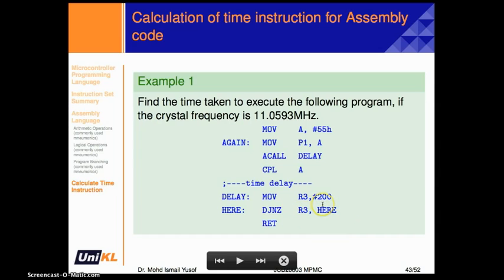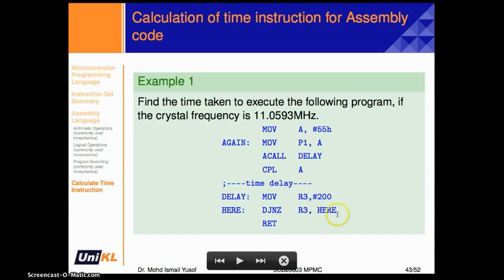So for example, now R3 is 200, it decrements R3 from 200, minus 1, it becomes 199. 199 is not 0, so it will jump where it should jump.